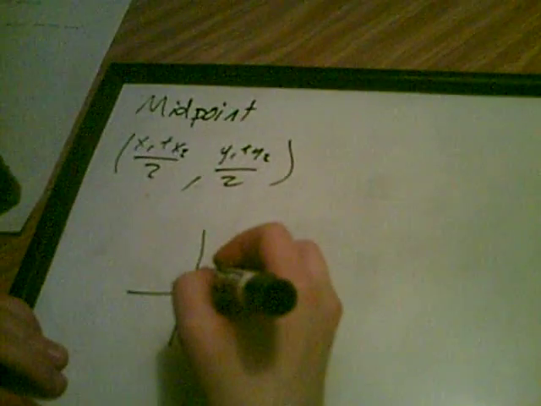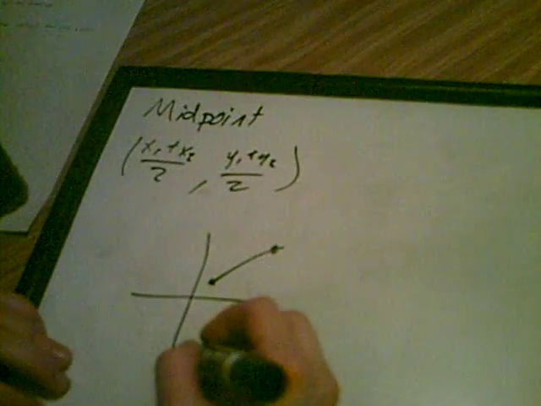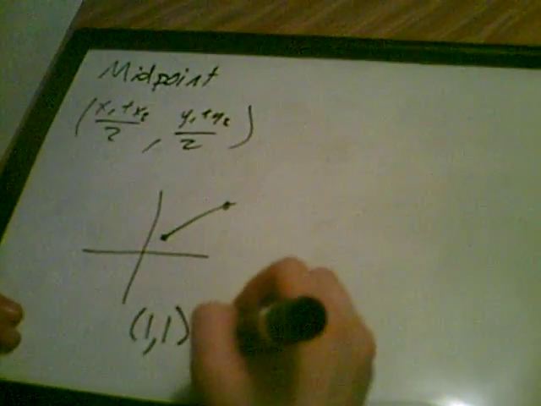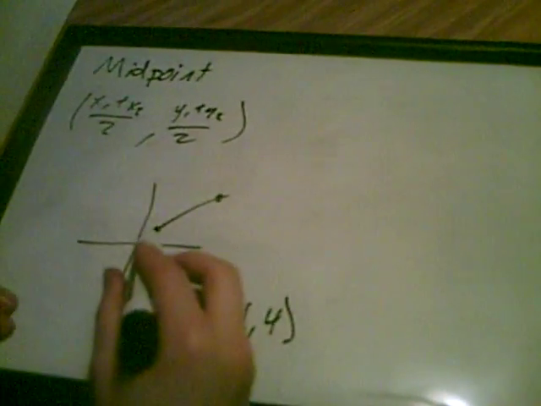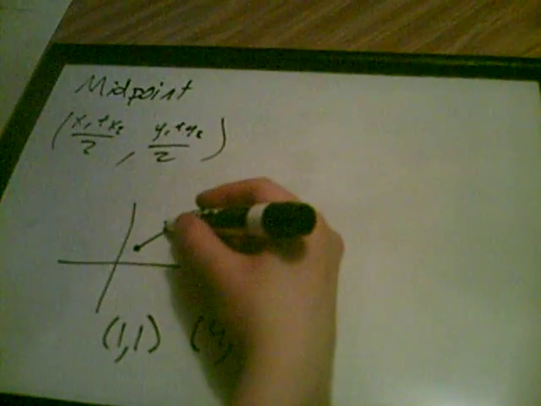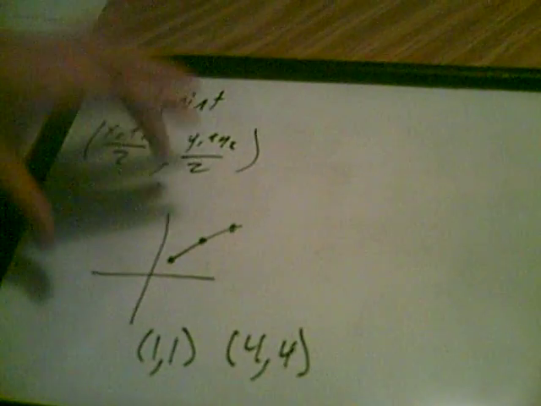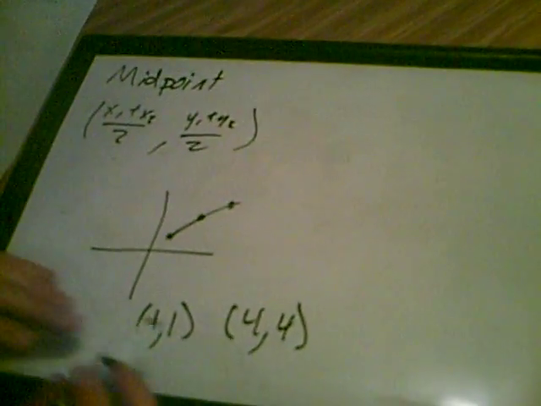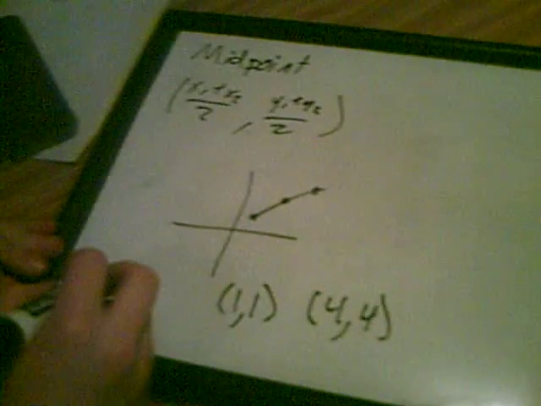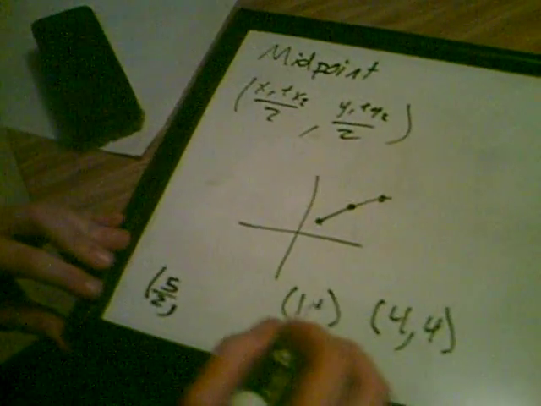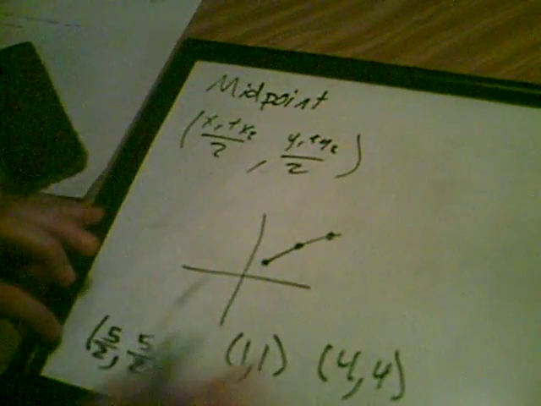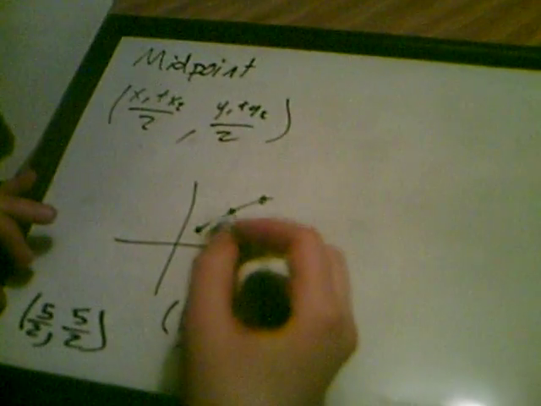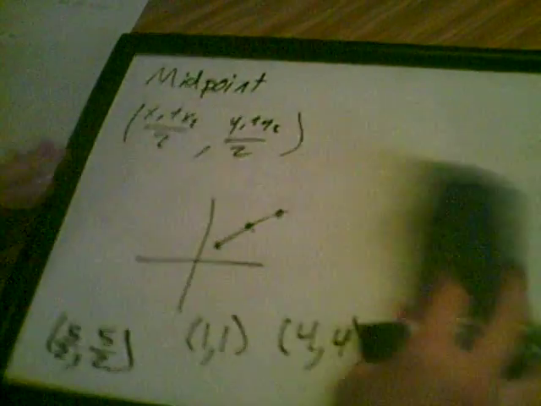So if I have a line segment, say (1, 1) and (4, 4), and I want to find the midpoint of that, I'll use this formula, or more simply take the averages of these two. The average of that is 5 halves, and 5 halves again. So the point (5/2, 5/2) is exactly the midpoint of that line segment.